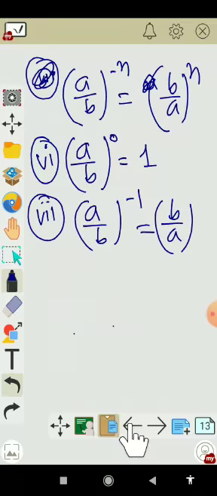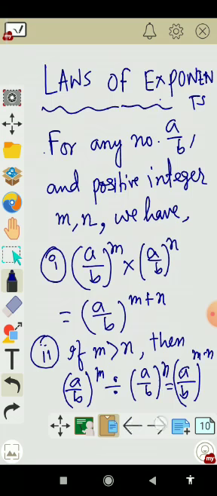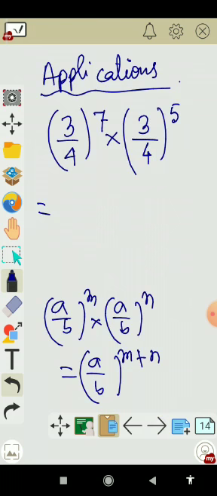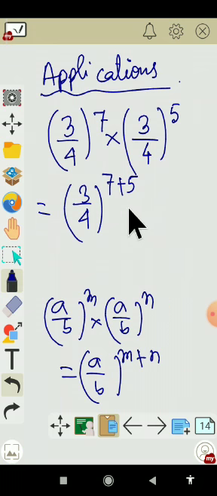We already learned this law. So here we will write (3/4) to the power 7 plus 5. That means (3/4) to the power 12 is the answer for this one.